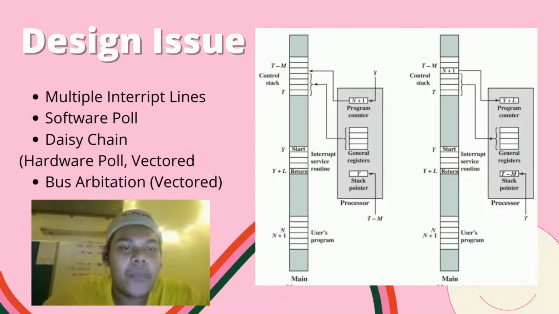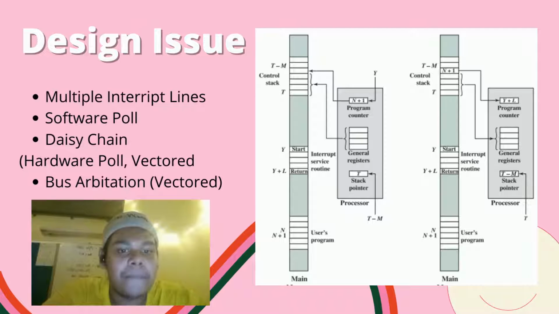However, in input-output interrupts, a design issue occurs because there will almost invariably be multiple input-output modules. How does the processor determine which device issued the interrupt?